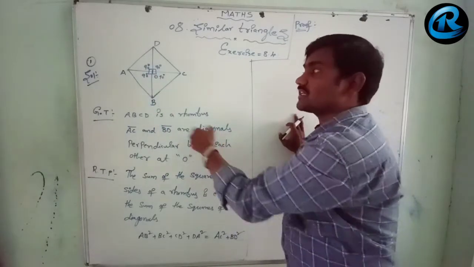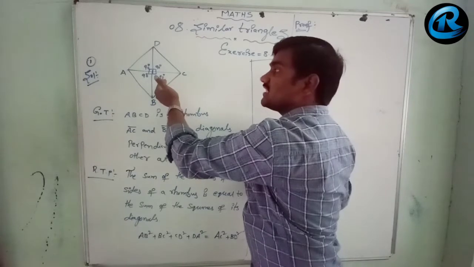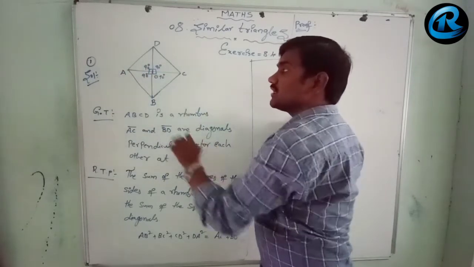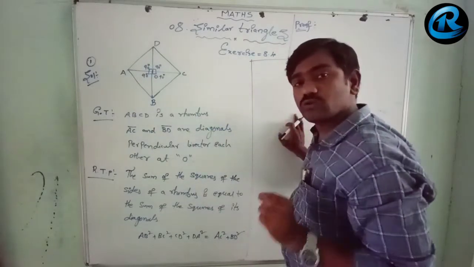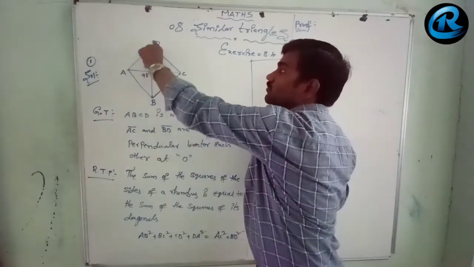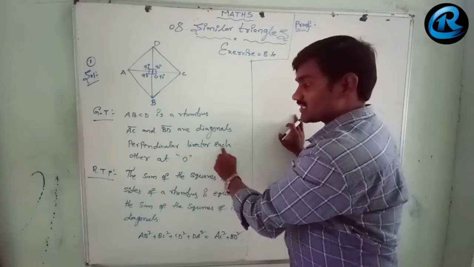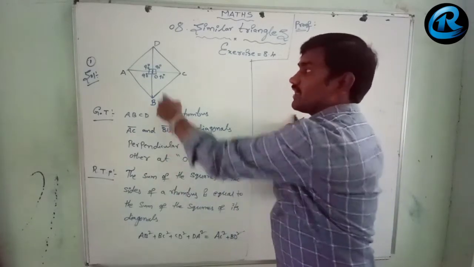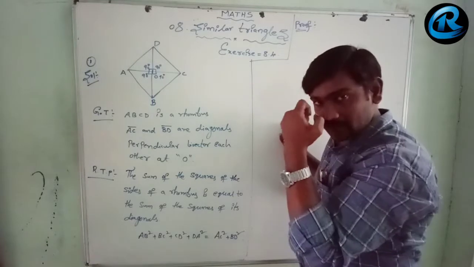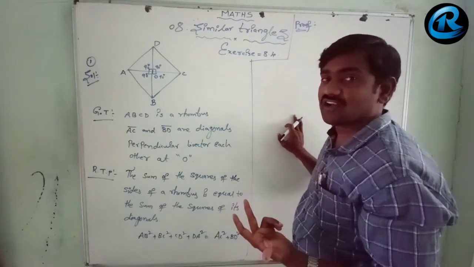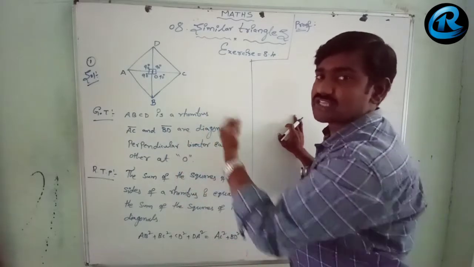That means AC is divided into two equal parts AO and OC, and BD is also divided into two equal parts such that BO is equal to OD. They intersect at O.